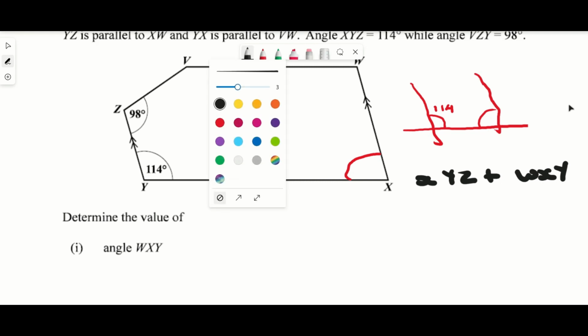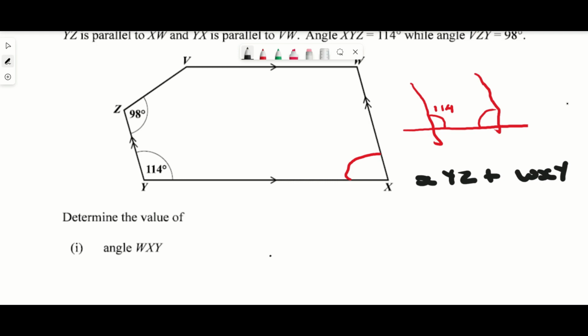This angle here, ZYX or XYZ, whichever way you want to put, plus this angle here is equal to 180.